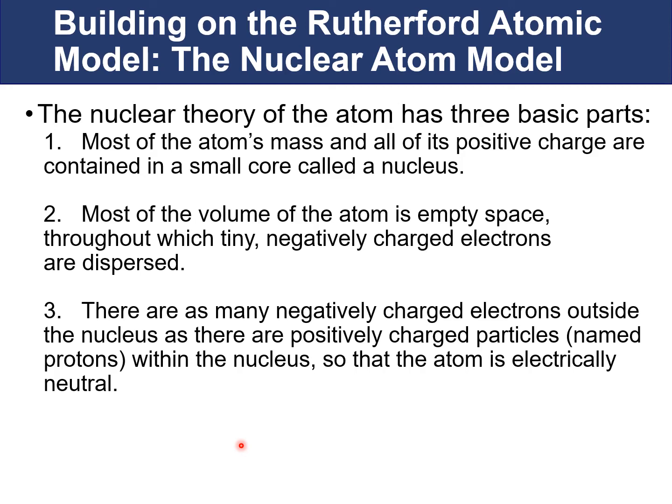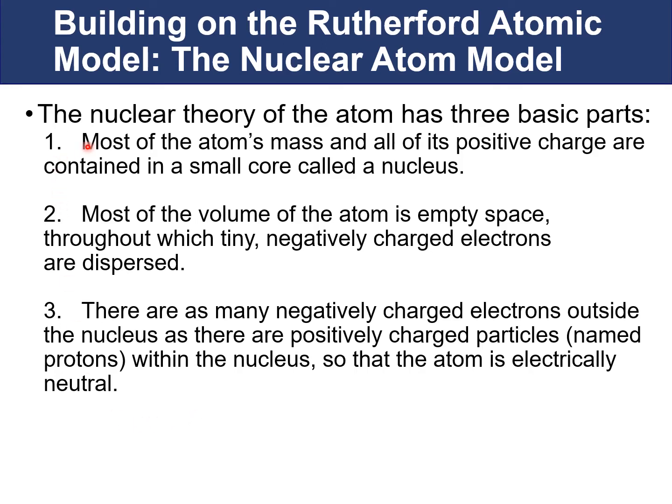Thomson added to this the concept of an electron. So Rutherford's model needed to include all the aspects of Thomson as well as Dalton. So you still have the atoms existing as spheres, indivisible through chemical means. Within them are contained electrons.